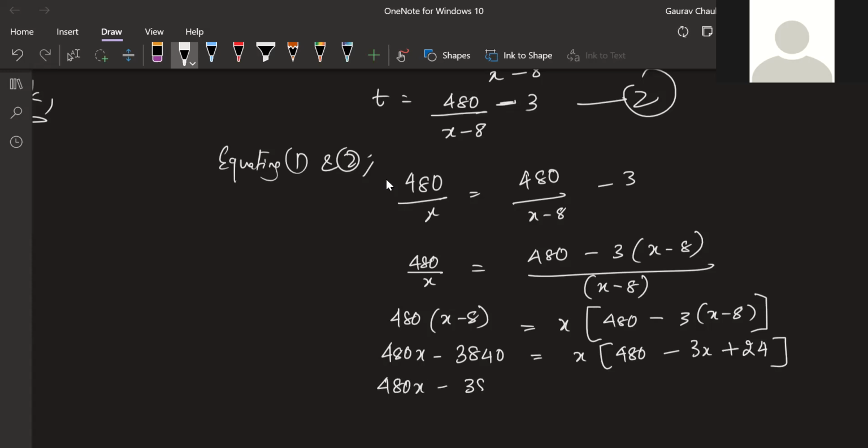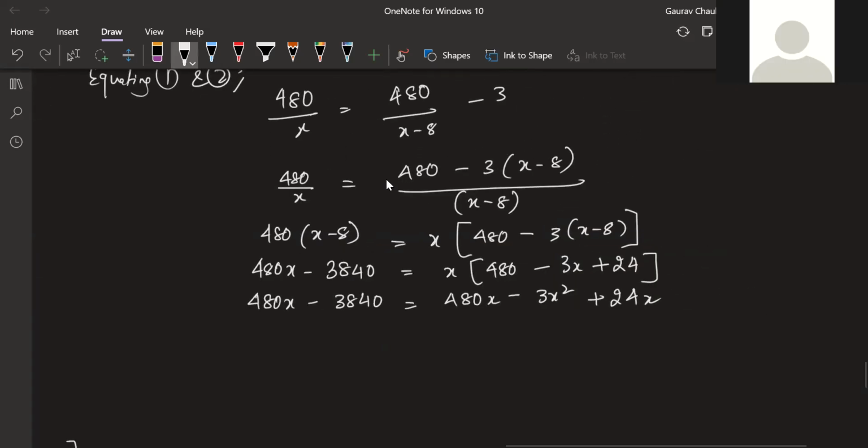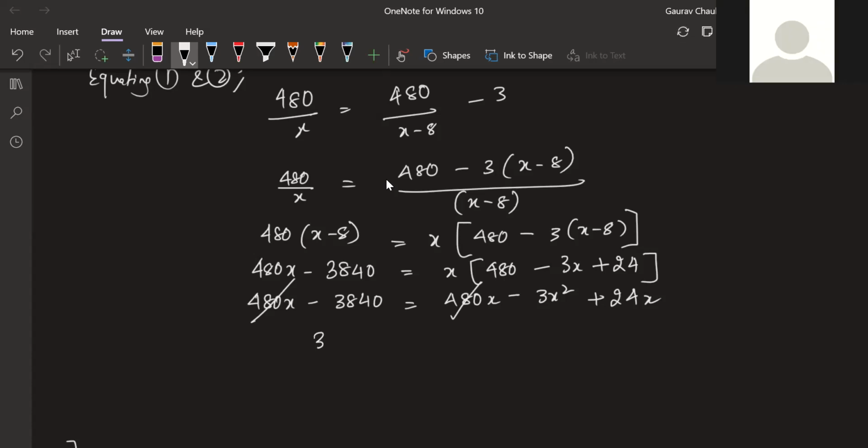And then it will be 480x minus 3840 is equal to 480x minus 3x square plus 24x. Very good. Sir, now 480x and 480x we can cancel, sir. It will be minus 3840.